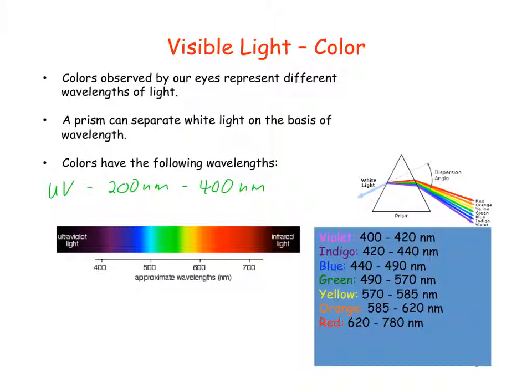Below 200 is the high energy end of the ultraviolet range. The electromagnetic spectrum is continuous, but most of the instruments we use, the UV-visible spectrophotometers, go down to 200.